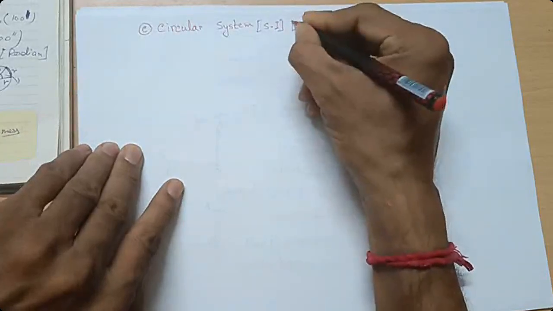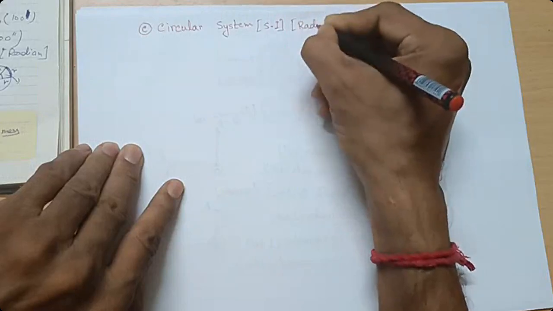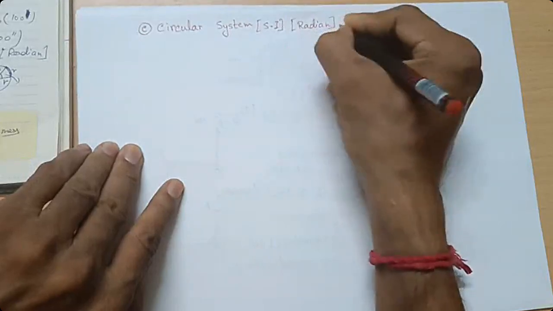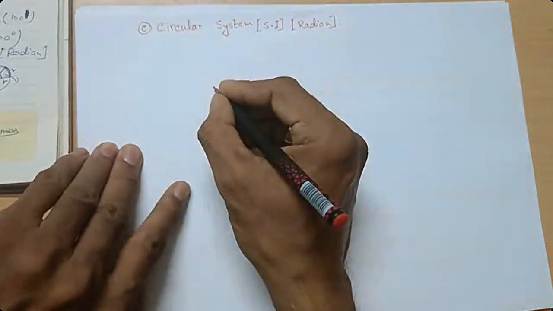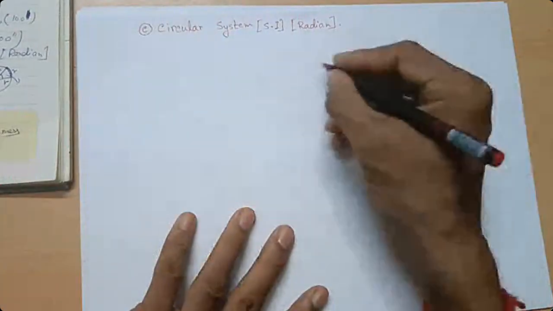It is measured in radians. The angle is measured in radians. Now let us define the measurement of a radian.